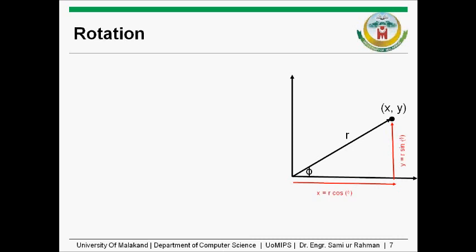I am sure you already know that the x component is equal to the vector length multiplied by the cos of the angle, and similarly the y component is equal to the vector length multiplied by the sine of the angle. Are you all convinced about these things? Okay, fine and good.